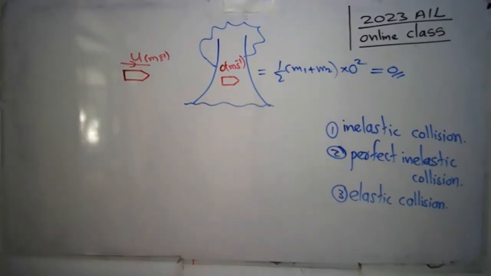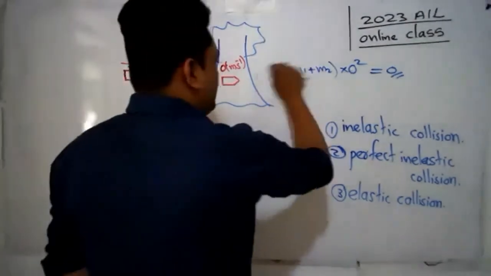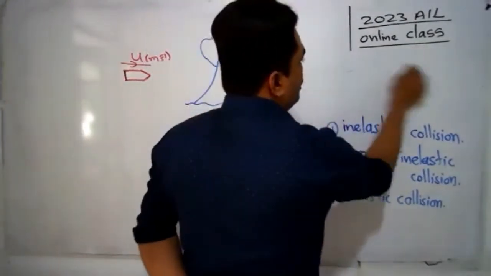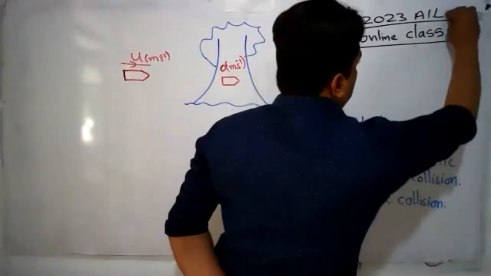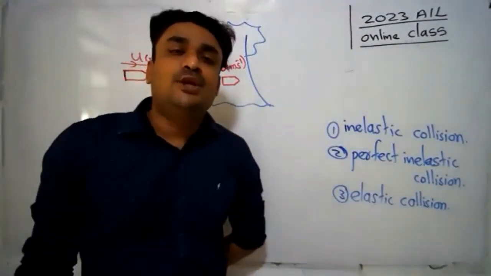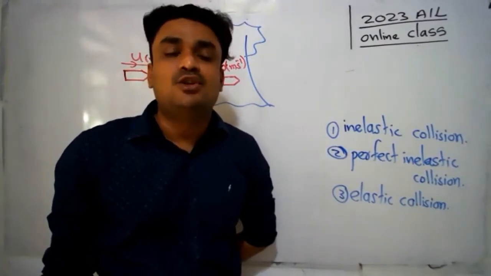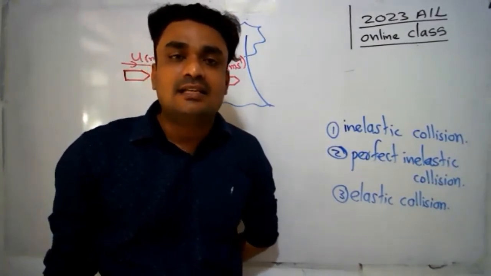Under that, write the description: if kinetic energy is reduced during a collision, comma, that collision is said to be an inelastic collision.